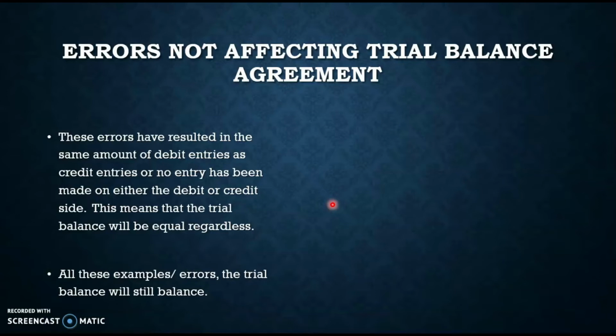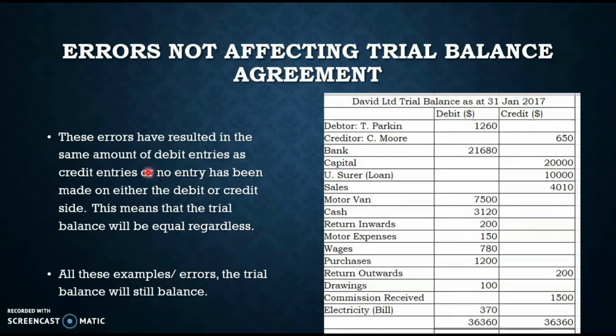So errors can be made, but what we're focusing on are the errors that, when they're made, do not affect our trial balance. So the errors will result in the same amount on the debit side and the same amount on the credit side. So no entry has been made on either the debit or the credit side, so the balance will be even. The balance will be the same.